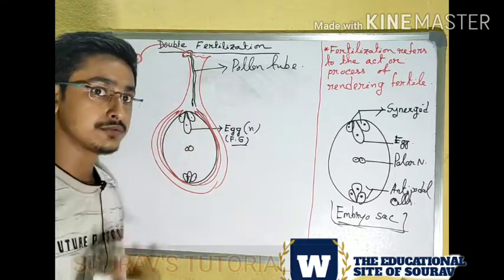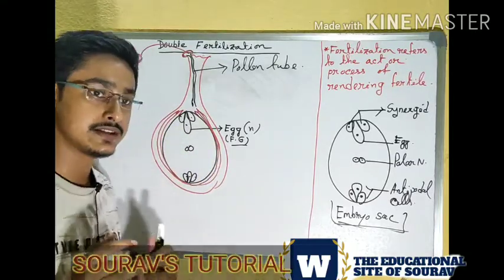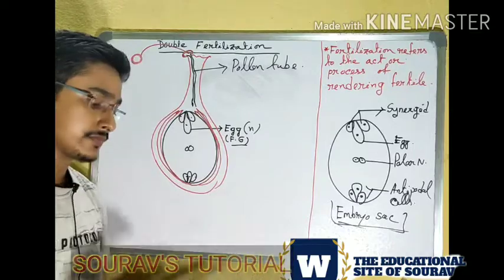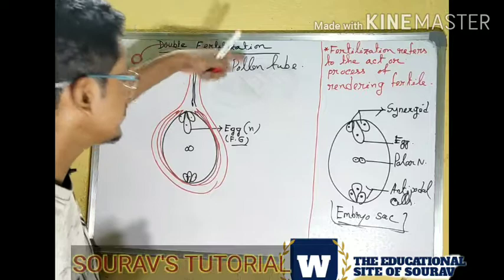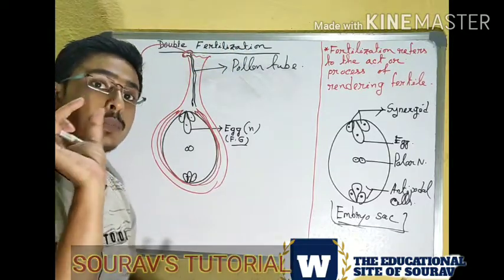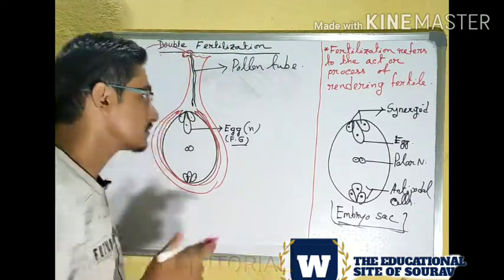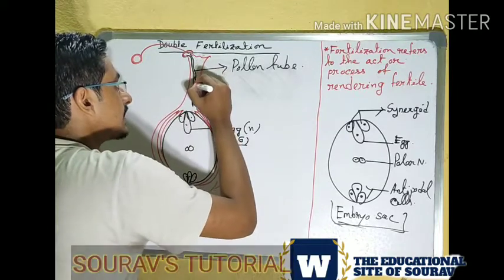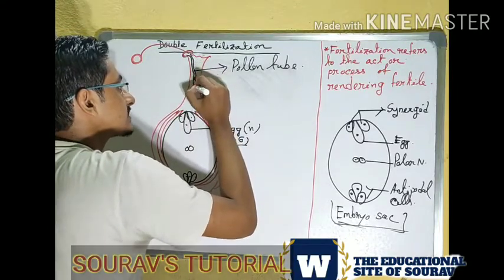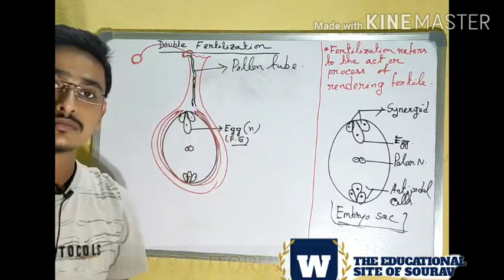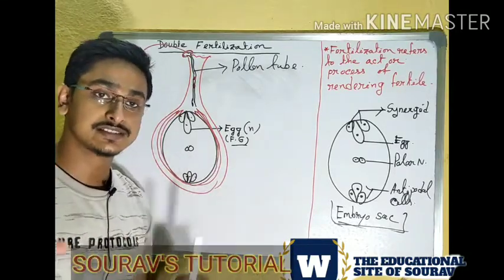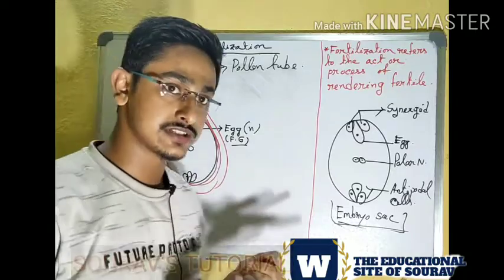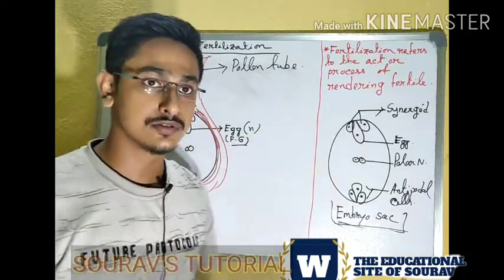But we have to remember that during this time, two male gametes are also formed in the pollen tube. That means there are two male gametes already formed by microgametogenesis. This process was also described by me in my previous video.